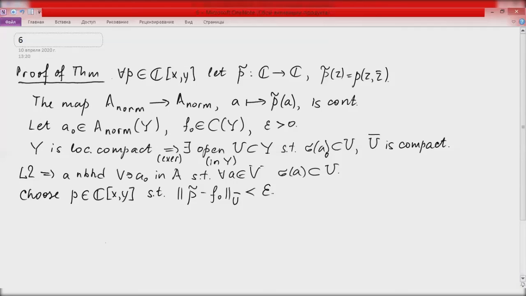We can always do it because the set of all polynomials in Z and Z bar is dense in C of U bar by the Stone-Weierstrass theorem.